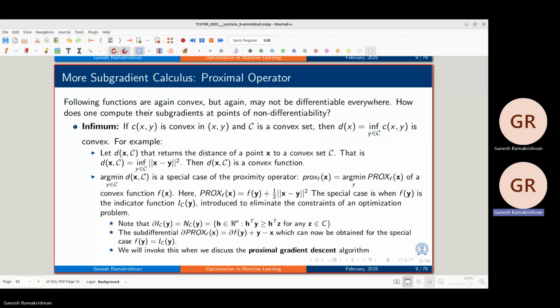Now, how do you compute the subdifferentials? All this was a special case. All this was a proximal thing. Now what does the subdifferential look like? It depends.